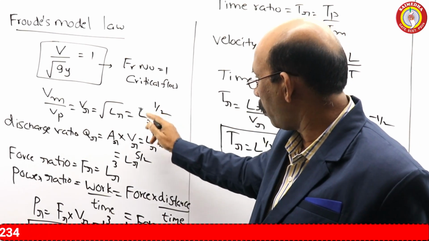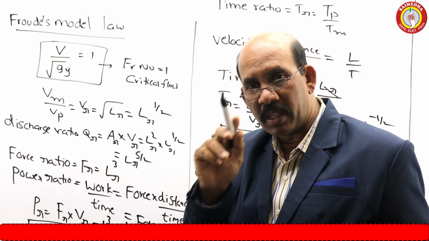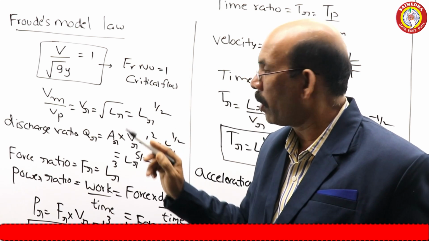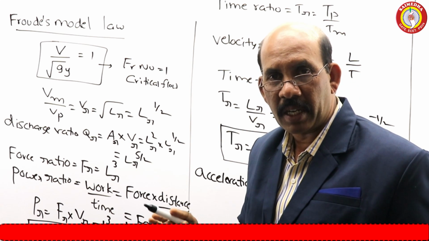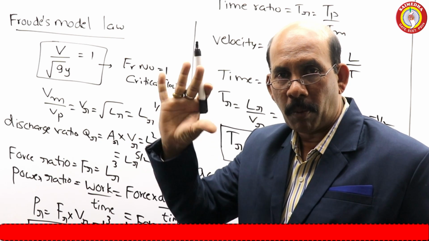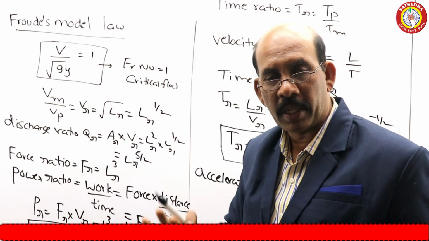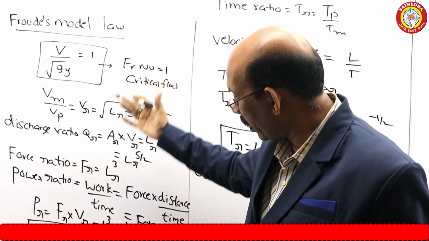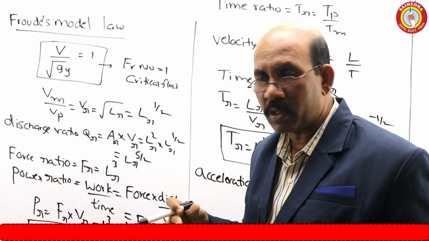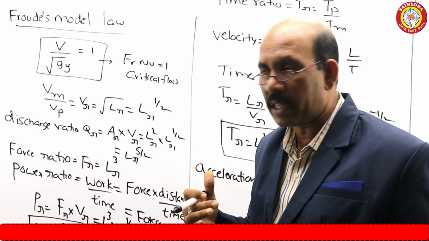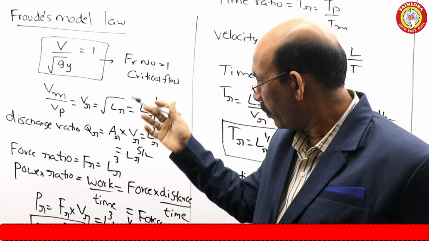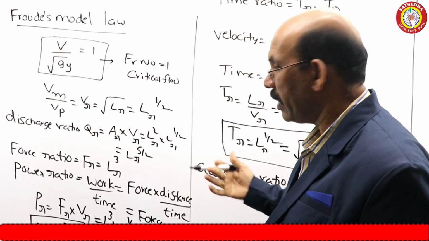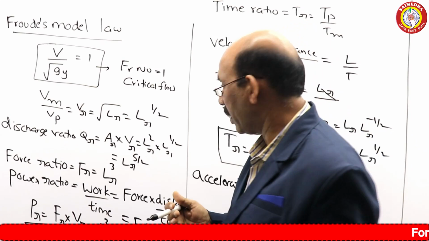We got this velocity ratio from Froude's model law, which states, as I mentioned here, that the Froude number in the model is equal to the Froude number in the prototype. With the help of this Froude model law, we have derived the various scale ratios: the force ratio, velocity ratio, discharge ratio, power ratio, time ratio, and the last one is the acceleration ratio.